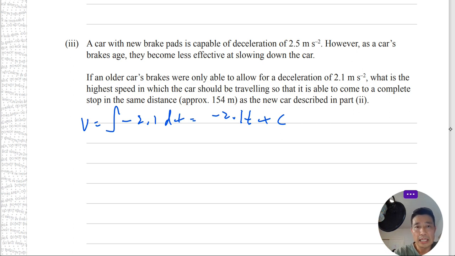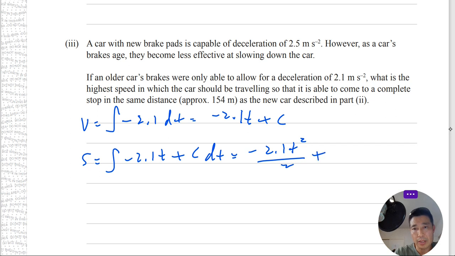So we integrate again to be able to find the s. So the integral of minus 2.1t plus c dt is minus 2.1t squared over 2 plus ct, right? And then, I'm not going to repeat the c, so I'm going to name the new constant d.